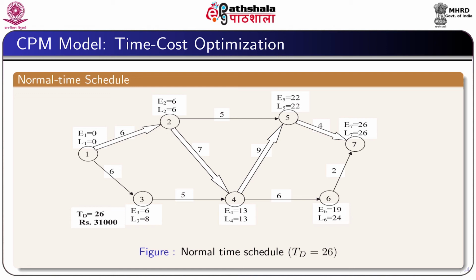This figure shows the least cost intermediate time schedule, where the duration of the project is 24 weeks, and the total cost now becomes 31,667.